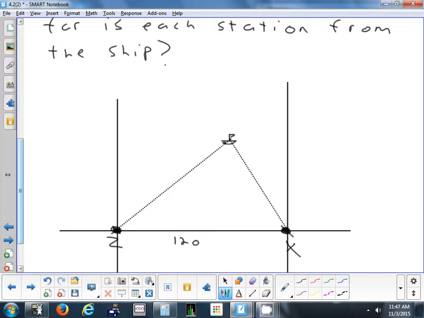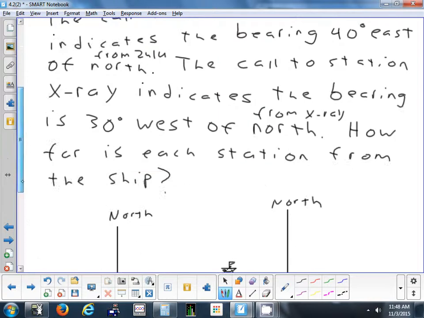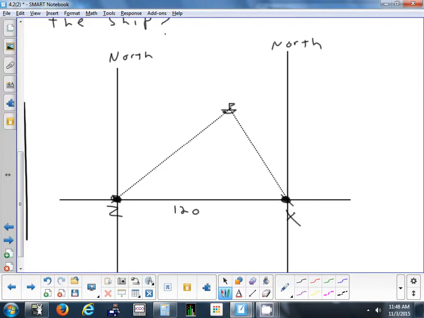Now I have to go back and read what it tells me about these angles. This is north. It says, ship sends an SOS signal. The call to station Zulu indicates that it comes in 40 degrees east of north. Here's north.